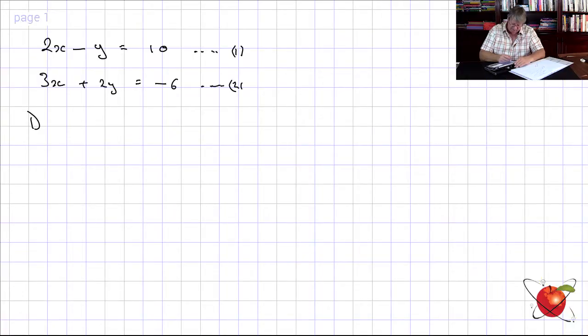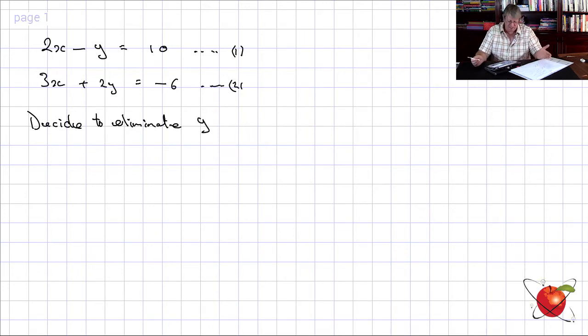Let's decide to eliminate y. It wouldn't have mattered if we chose x, but we choose y. Why? Because all we have to do is multiply equation 1 times 2 to get 2x minus 2y equal to 20.